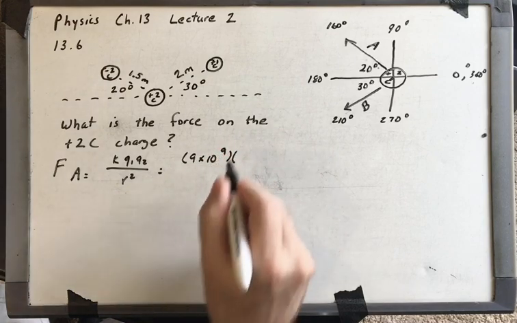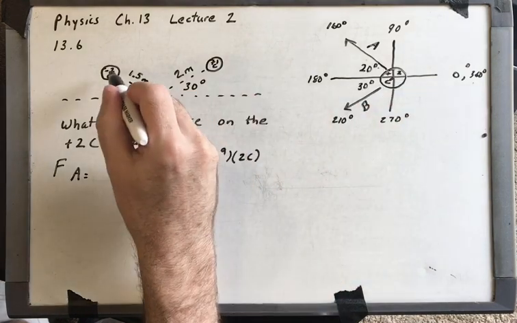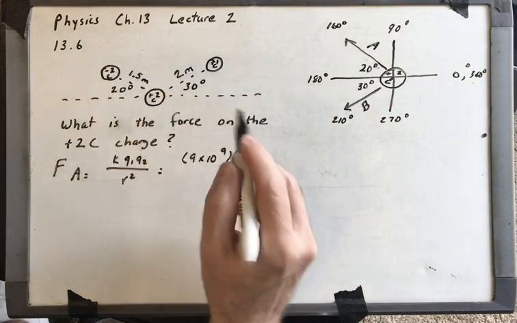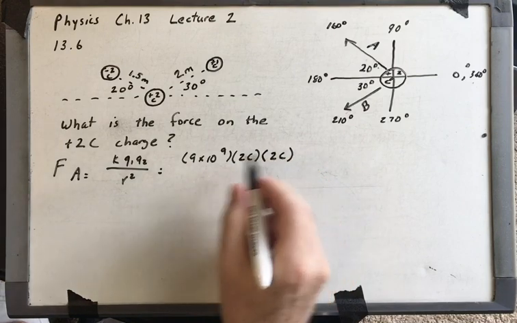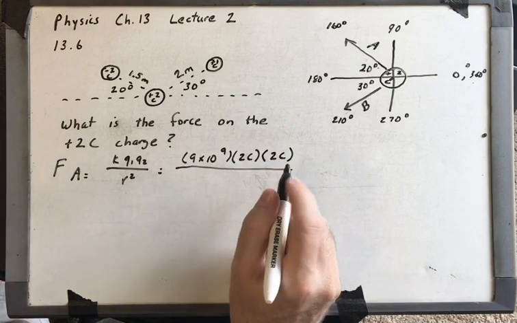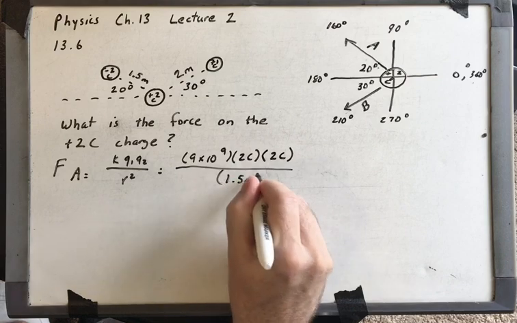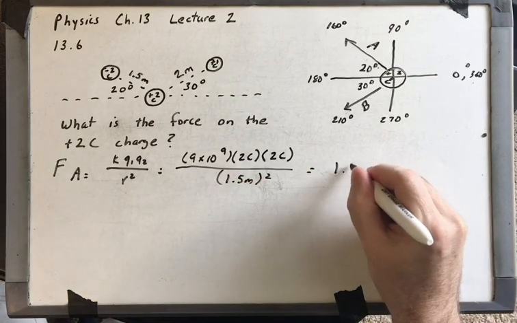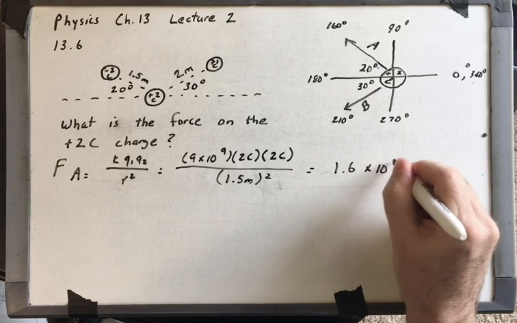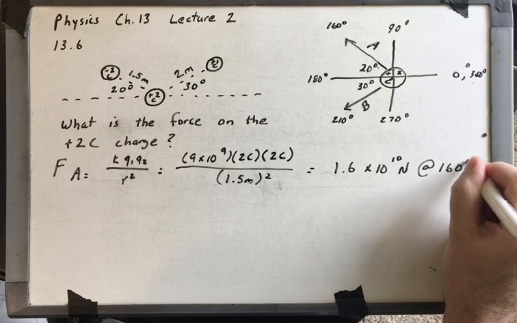Q1 is positive 2 coulombs, that's that charge. And then this charge is negative 2 coulombs. But we have to just put a positive in there, because remember, we don't put the sign in. The distance is 1.5 meters, and we have to square that. So that'll give you 1.6 times 10 to the 10th newtons, and that is at 160 degrees.